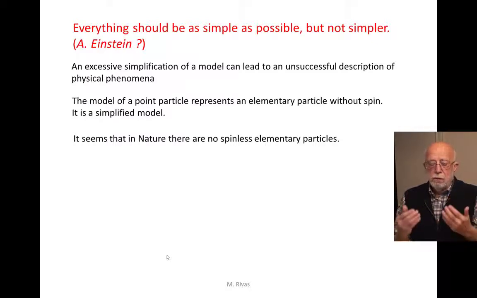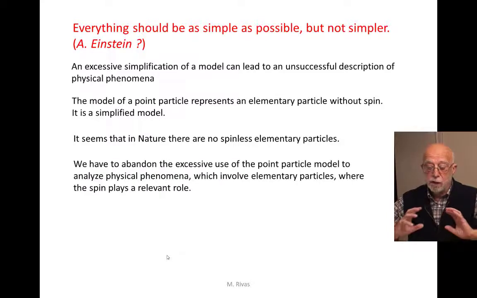So if all elementary particles have a spin, it is unnecessary to describe elementary particles in terms of point particles, so we have to abandon the excessive use of the point particle model to analyze physical phenomena which always involve spinning particles, where the spin is going to play a relevant role.